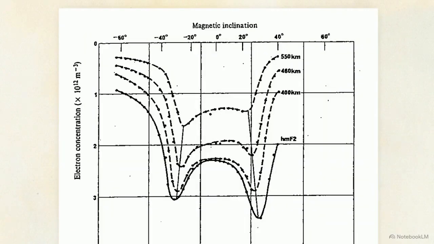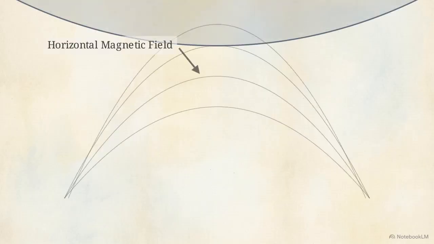Measurements from the ISIS-1 satellite reveal a deep trough in electron concentration at the magnetic equator, exactly where solar radiation is most intense. The missing plasma is found in two asymmetrical crests of high density, located roughly 20 to 30 degrees north and south. This is the equatorial fountain.